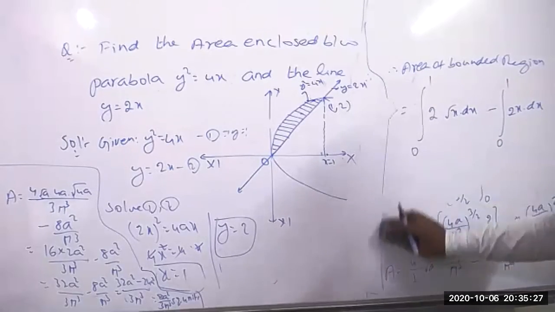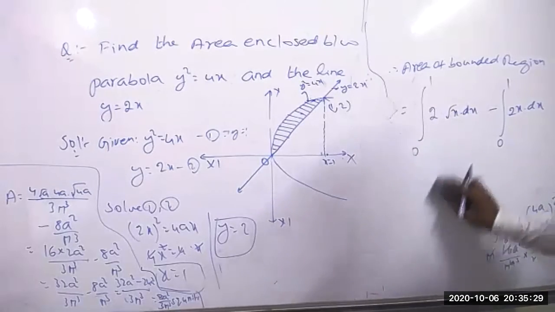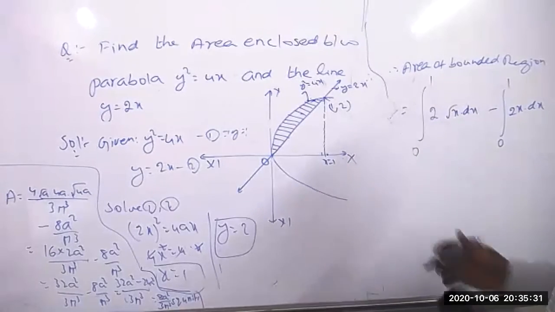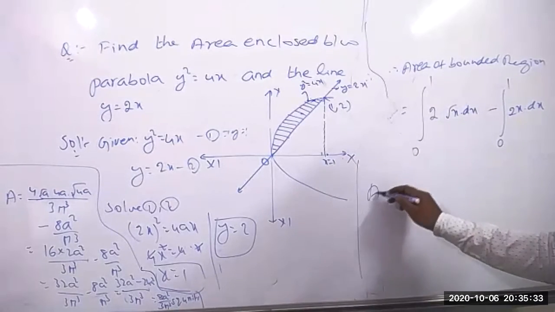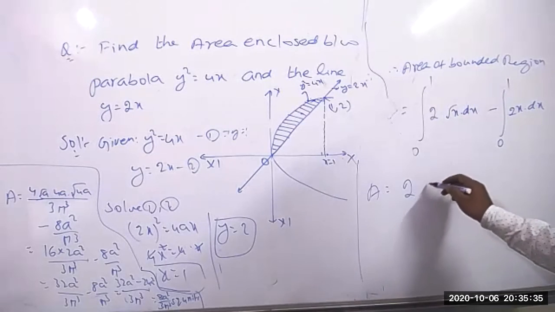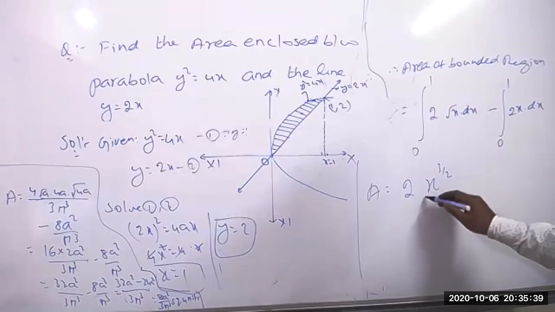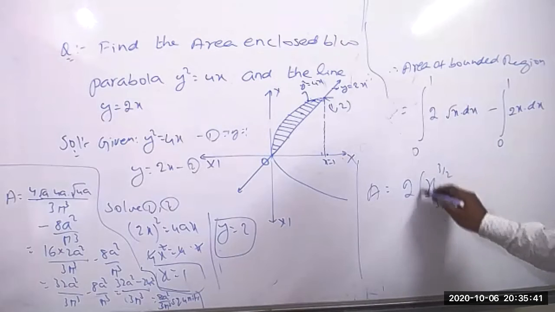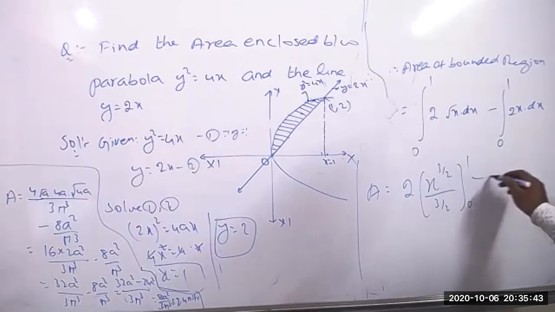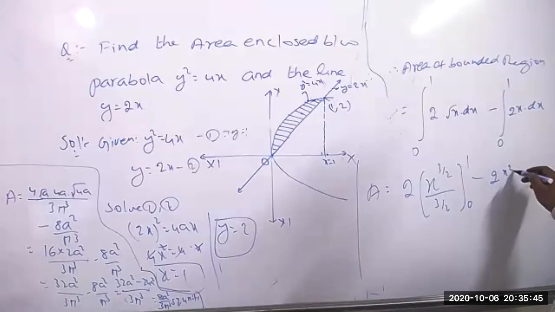So I can simplify that. Area is equal to 2 is the constant. Clearly we get x power 3 by 2 by 3 by 2 from 0 to 1 minus 2 into x square by 2 from 0 to 1.